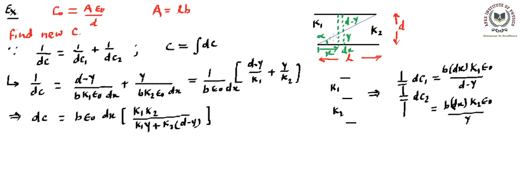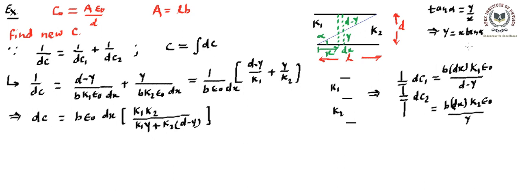Now if we take this little triangle, tan alpha is going to be written as y by x. So from here we can say y is equal to x tan alpha. Now alpha is a constant number, so that means y is linearly dependent on x.